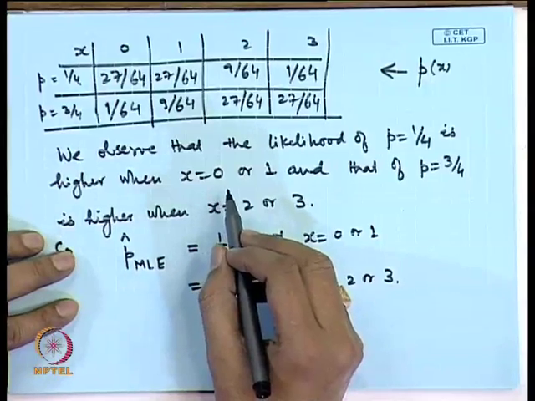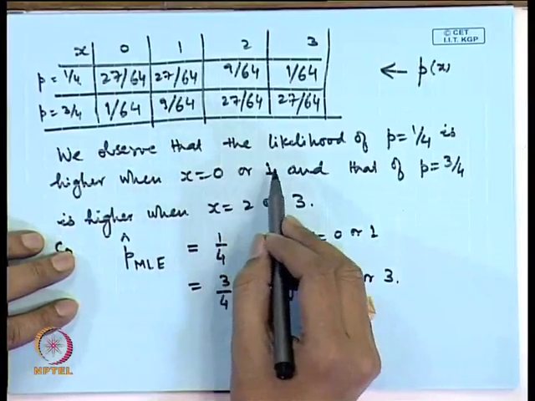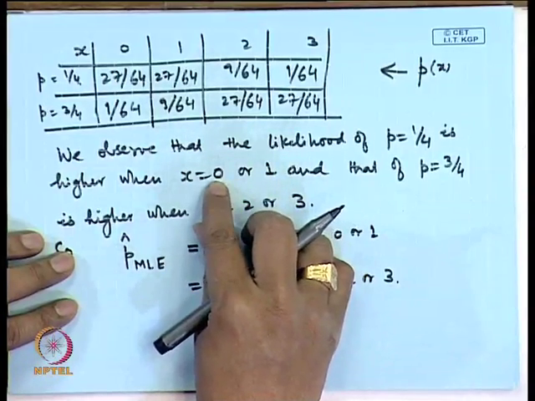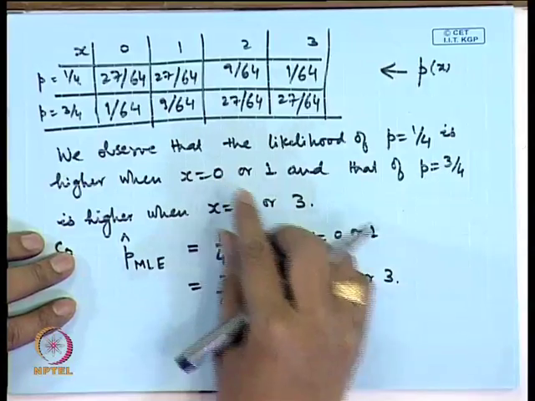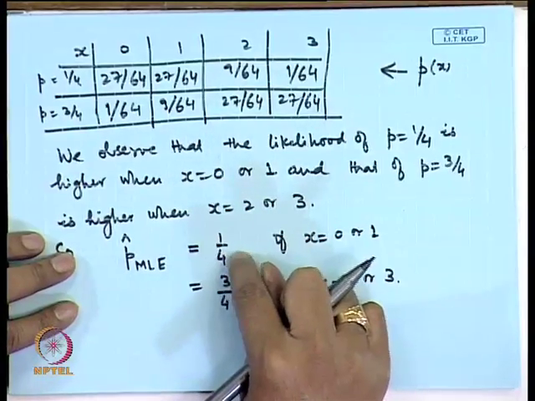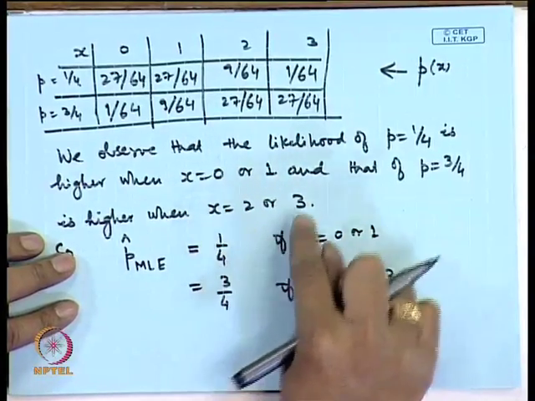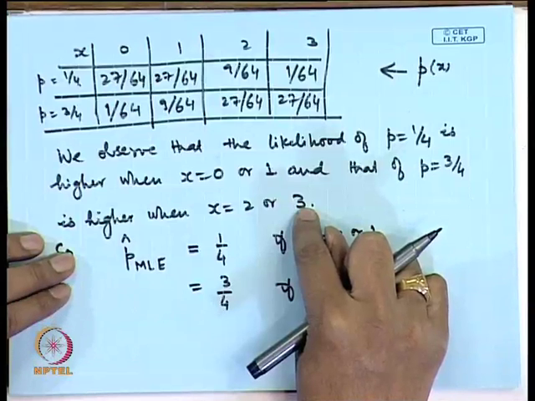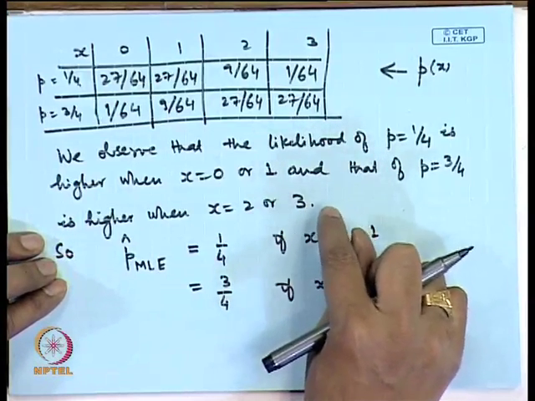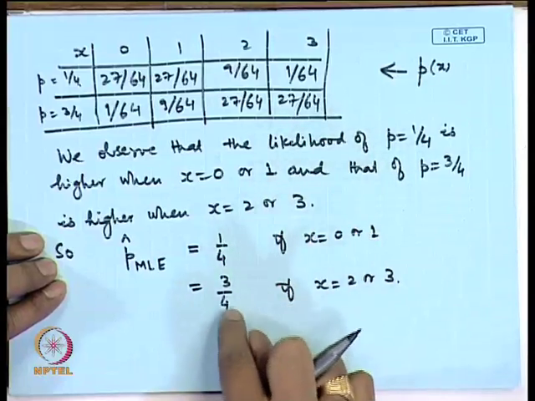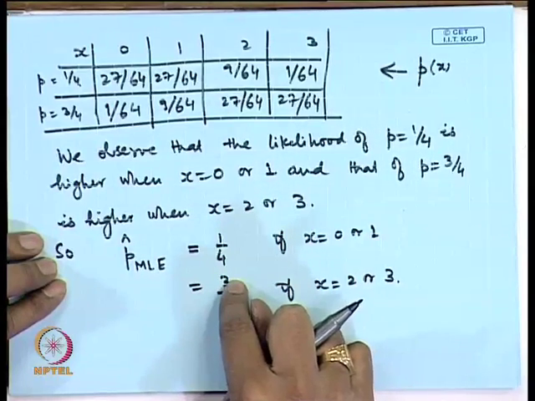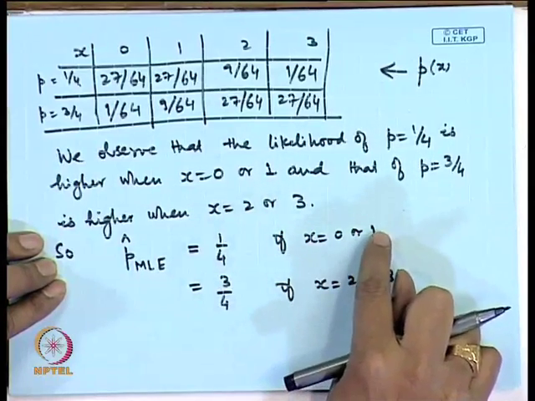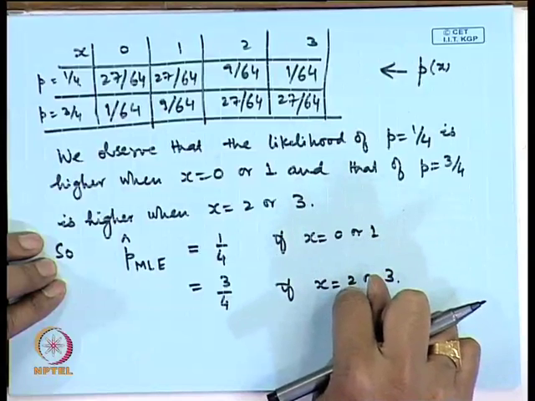If in a random sample of size 3, we observe that there are no black balls, then we have a feeling that there are fewer black balls. Similarly, if we observe all 3 are black, then we should have a feeling that there are more black balls, and therefore, 3/4 should be the estimate, and a similar interpretation exists for 1 and 2 also.